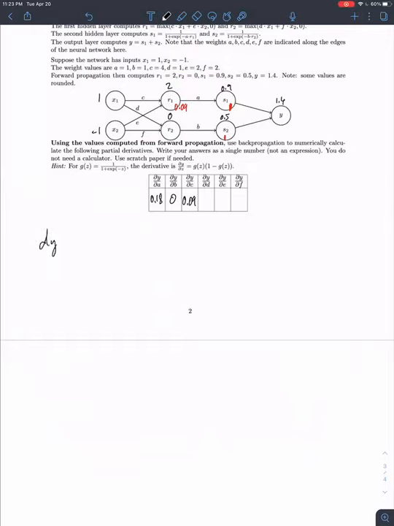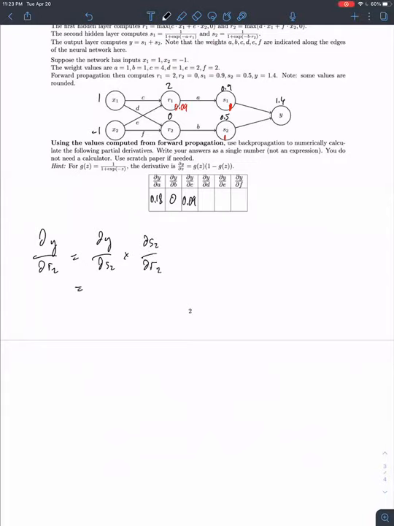So dy, yeah, all of these are supposed to be partial derivatives. It doesn't really matter. I'm going to continue. Actually, I should probably start using this funny symbol because now d is a variable. So partial y, partial r2, that's equal to partial y, partial s2 times partial s2, partial r2.